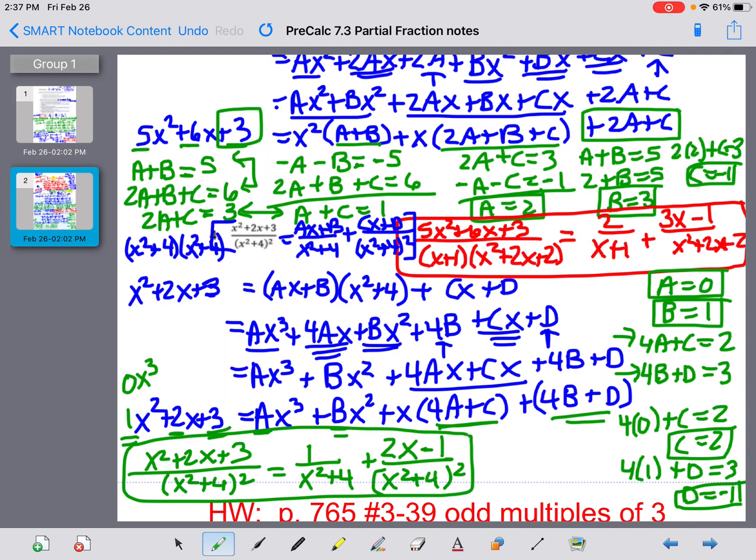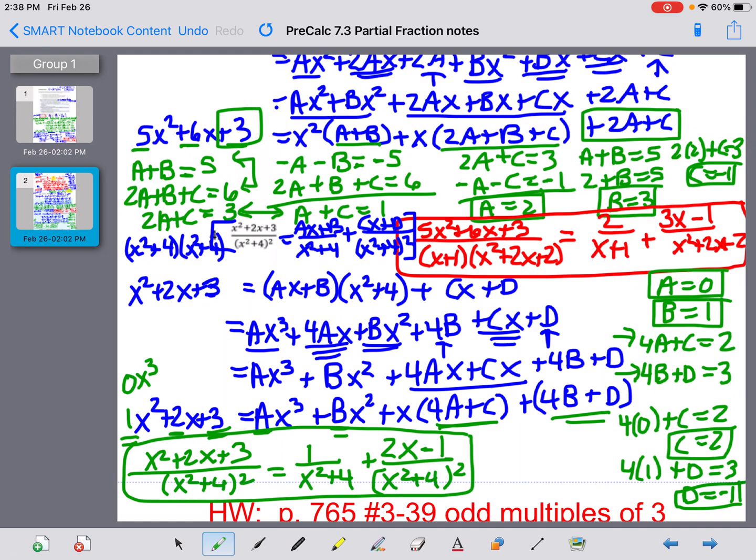Bring me some questions to class. Make sure that you're checking with me to say, you know, I'm feeling comfortable, I'm feeling not, okay? So I really want you to start this first day by going to page 765 in your book and trying some of these 3 through 39. Notice I put odd multiples of 3. That's 13 problems from 3 through 39. And I'm not even asking you to do all of them.